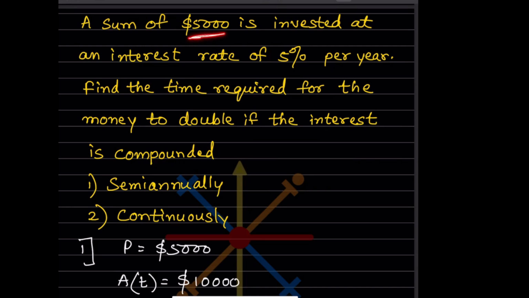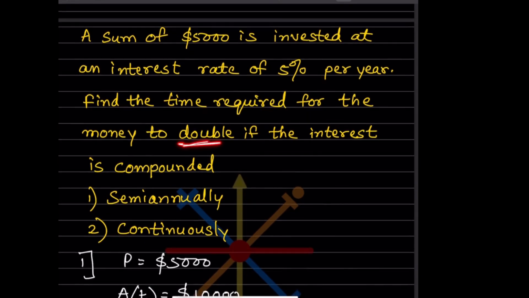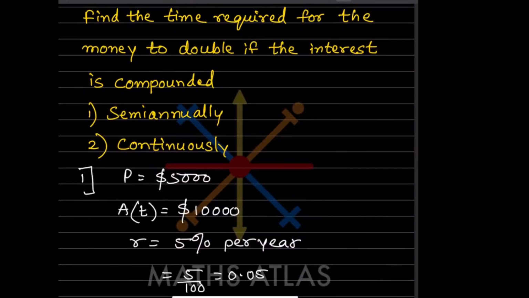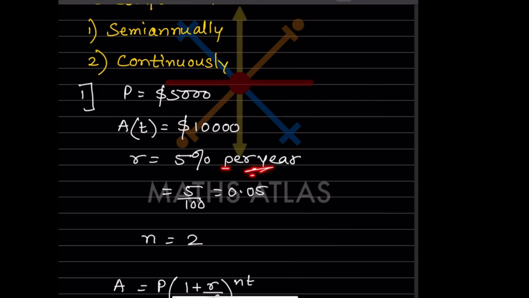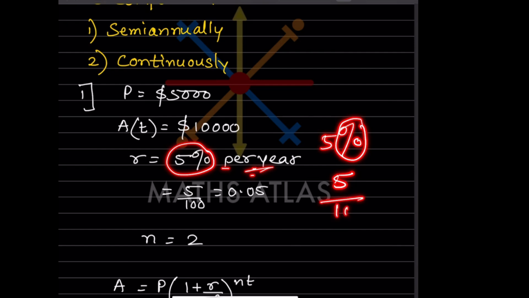So what is given? The sum of $5,000 means the principal is given as 5,000, and we have to find the time required for the money to double. Double means here the amount will be 10,000, and what is R given? The rate is given as 5%. Whenever you have this percent sign, it means this is going to get divided.